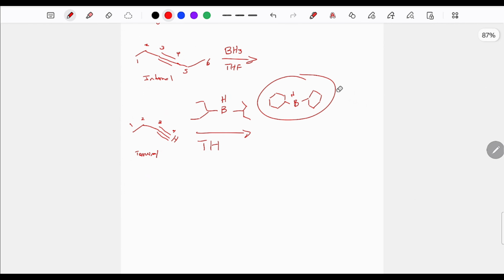You can see that they're both sterically encumbered, and so this sterically encumberedness of the dialkyl boron forces the boron here to react with the less substituted carbon and to give a non or anti-Markovnikov product. And the big bulky groups also prevent side reactions. Okay, so this is important.